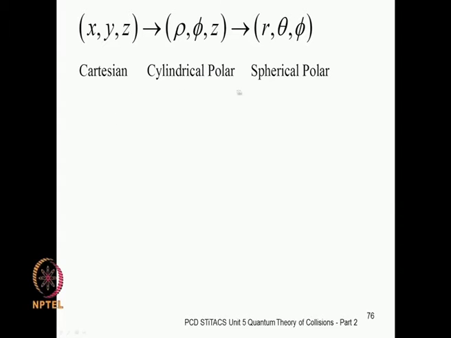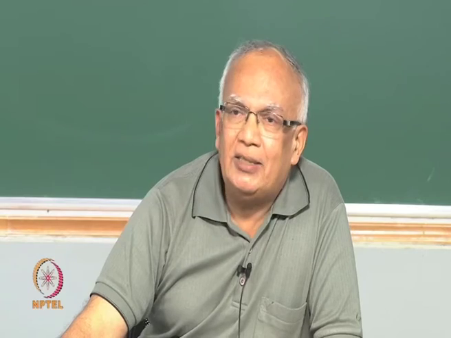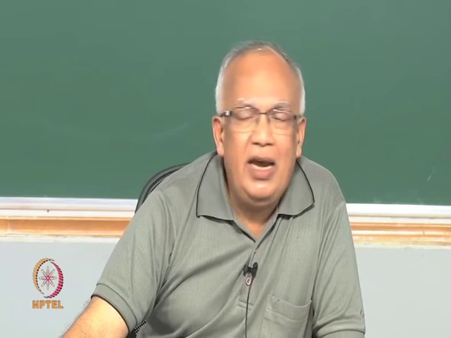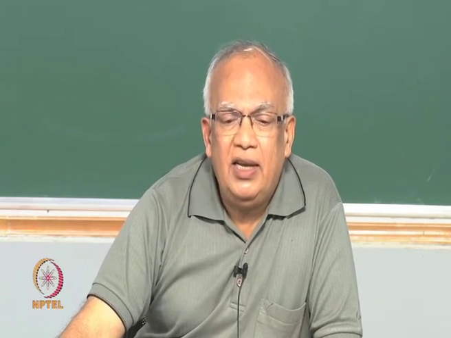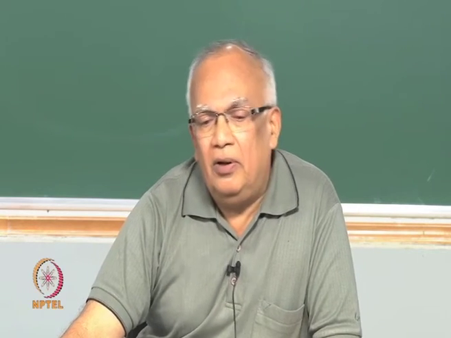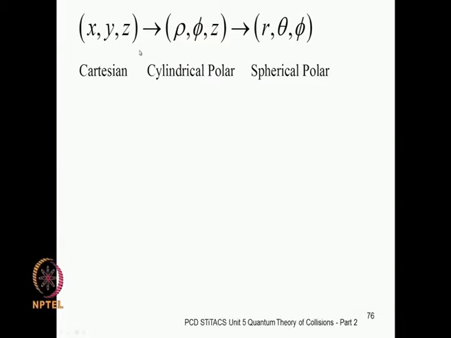Here you have got an example: x, y, z and rho, phi, z. You always have relations which give you the transformations from one coordinate system to another. A point in the 3-dimensional space is specified by 3 independent degrees of freedom, and there is nothing sacred about one coordinate system or another, and you can always carry out transformations from one to the other.